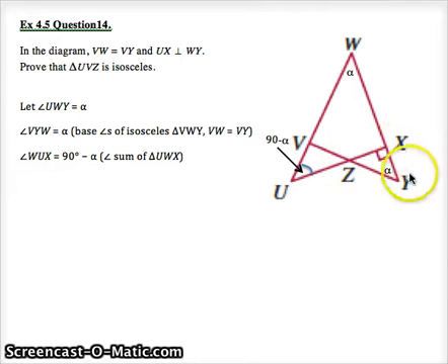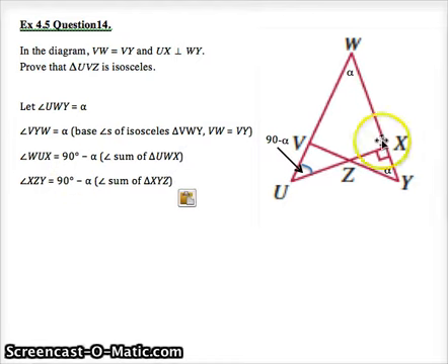Now we also need to find another angle in this triangle UVZ to show that it's isosceles. Now we do have another right angle triangle over here. We've got triangle XZY and we have a 90-degree angle there at X, and this angle here at Y is alpha. So therefore this angle here at Z, which is angle XZY, must be 90 minus alpha because of angle sum of that triangle. So we can write that down as well.